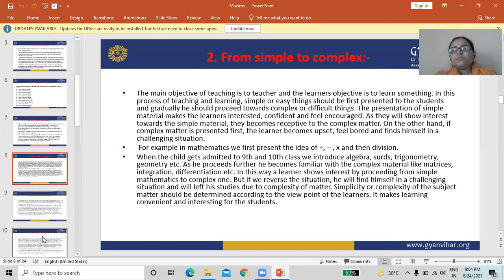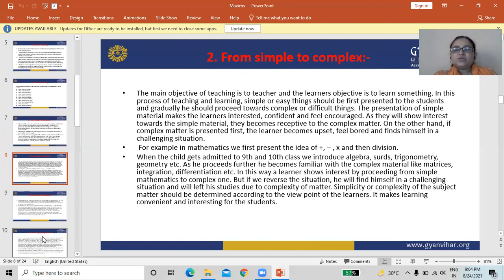From simple to complex. The main objective of teaching is to teach, and the learning objective is to learn something. In this process of teaching and learning, simple or easy things should be first presented to the student, and gradually he should proceed towards complex or difficult things.